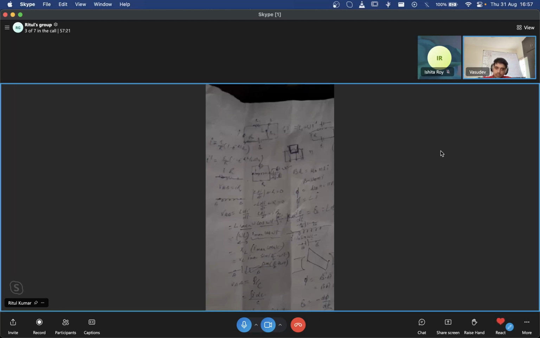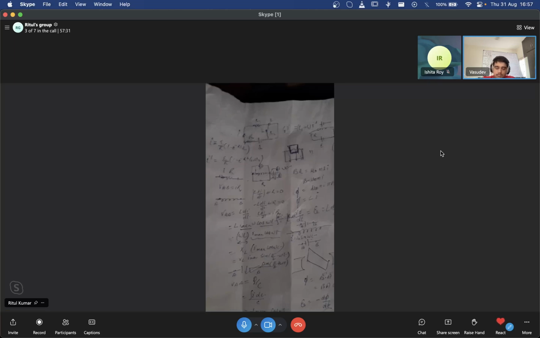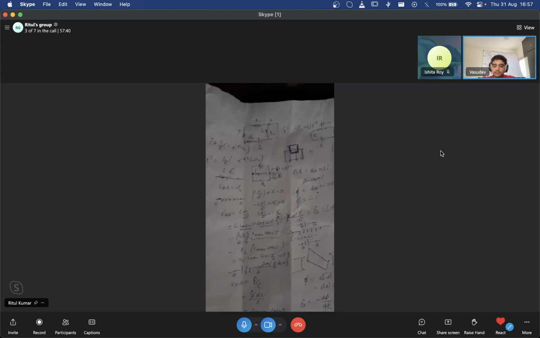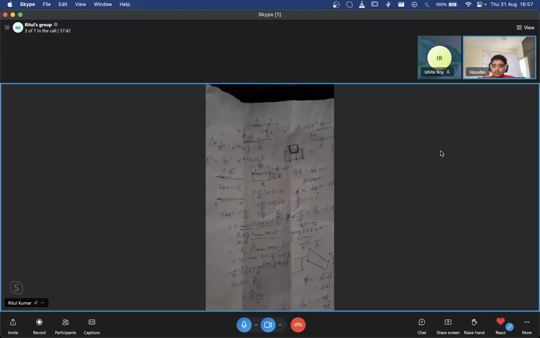Remember, if you're bringing a magnet close to a loop, what was that loop doing? The loop was approaching the magnet, correct? Why? Because it wanted to maintain inertia, status quo. And when it was leaving, at that time also it was trying to oppose it. So in both cases it is trying to oppose the motion. Coming near, opposition, going away, opposition. It is trying to oppose change.